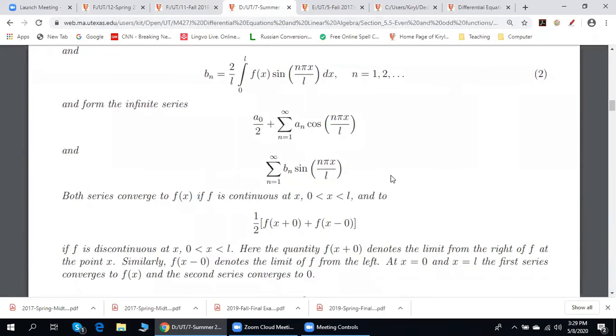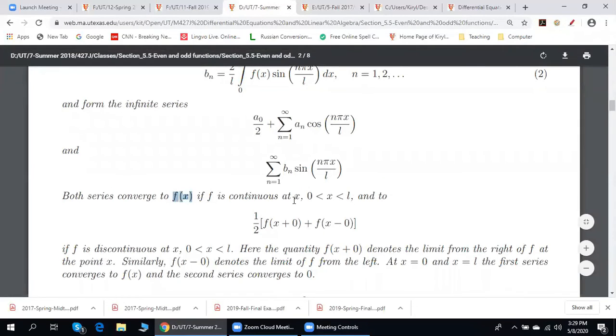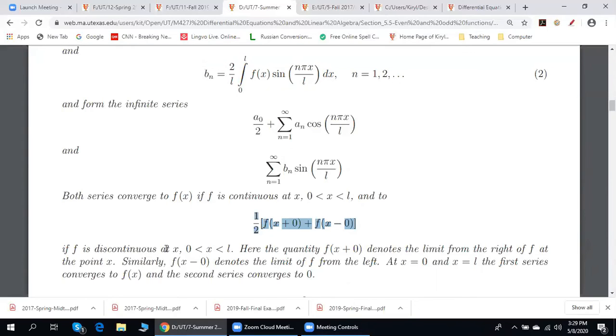Very last thing, both series number 1 and series number 2 converge to f if x is not one of the endpoints and f is continuous at x. It converges to this if x is not one of the endpoints and f is discontinuous at x. Lastly, if x is either 0 or L, this series converges to f of x. This series converges to 0.